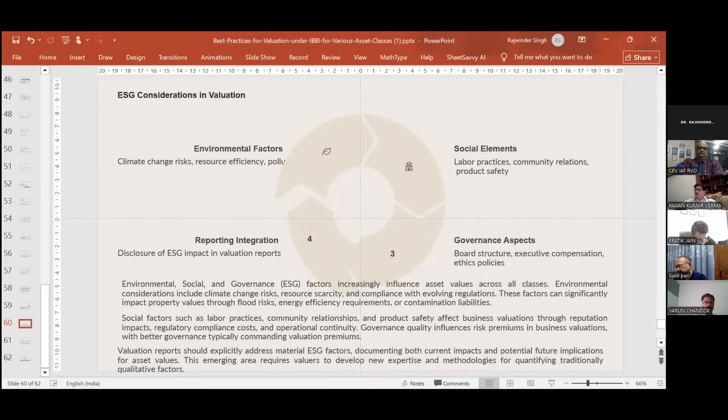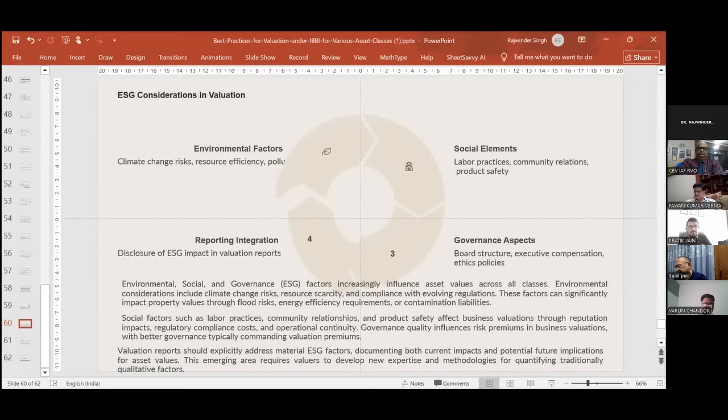Environmental, social, and governance factors increasingly influence asset values across all classes. Environmental considerations include climate change risk, resource scarcity, and compliance with evolving regulations. These factors can significantly impact property values through flood risks, energy efficiency requirements, or contamination liabilities.